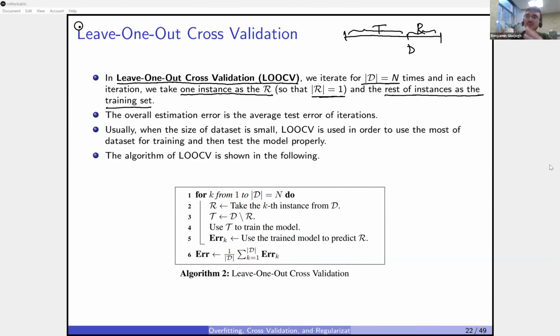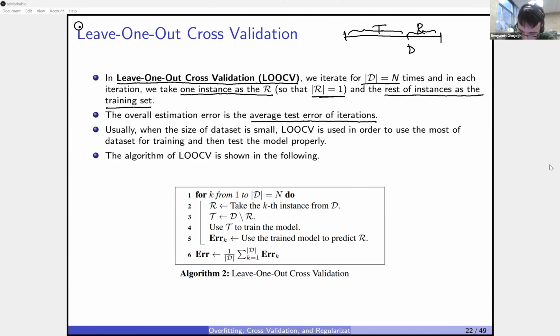Therefore, when D is small, you take R to be 1 and the rest to be training. That's why it's called leave one out: leave one of them out to be the test set or validation, the rest of the instances as training. The overall estimation error is the average test error of the iterations, like k-fold cross-validation.